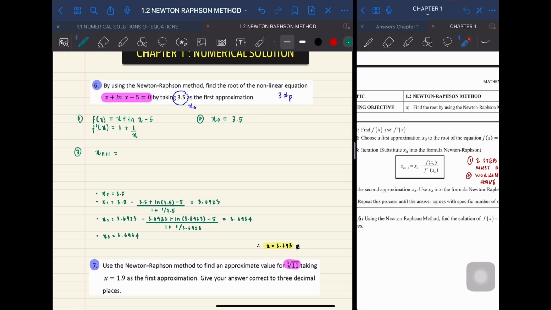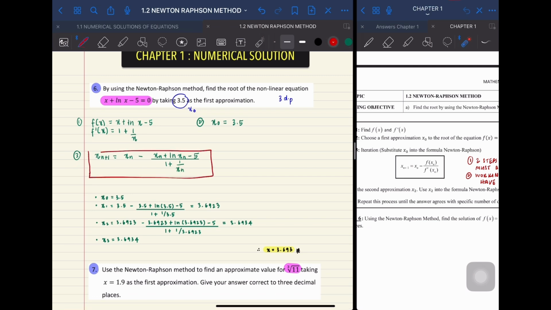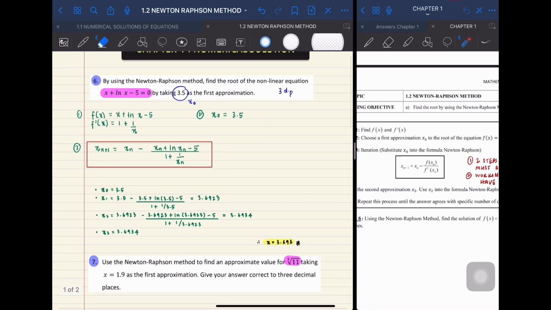Based on the formula, it is xn minus f(xn) divided by the derivative. So it's going to become xn minus (xn plus ln xn minus 5) divided by (1 plus 1 over xn). So this is the formula for this question. Now we just need to substitute the value. Your x0 is 3.5. Remember, you have to show the first 2 steps.